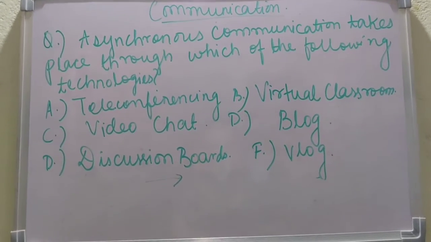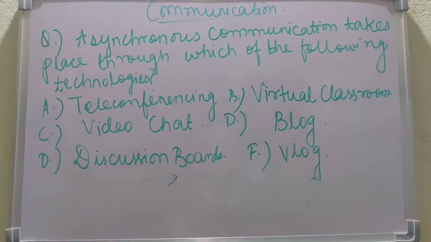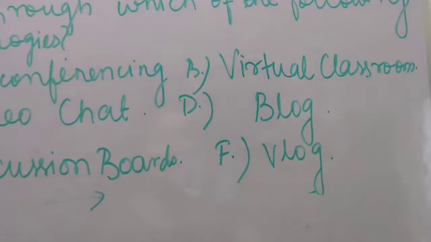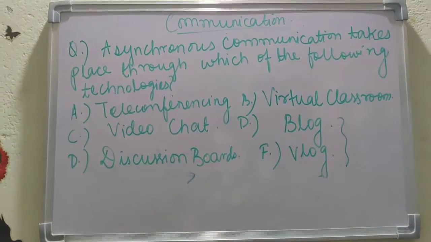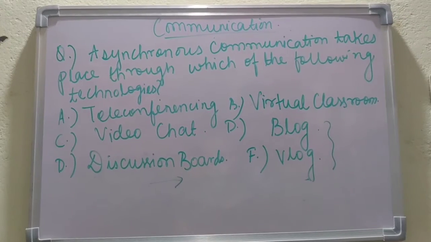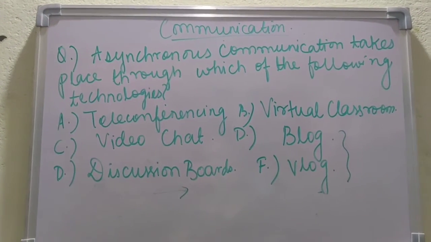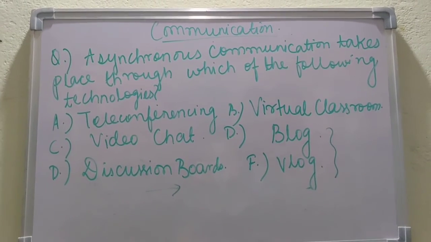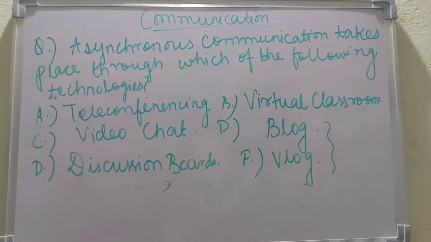They get it after some time, maybe after some days or some minutes. Similarly, blog and vlog are also examples of asynchronous communication. And another example of asynchronous communication is email. When we send a mail to someone, we do not expect to get the response immediately. We get it after some minutes, some hours or some days.